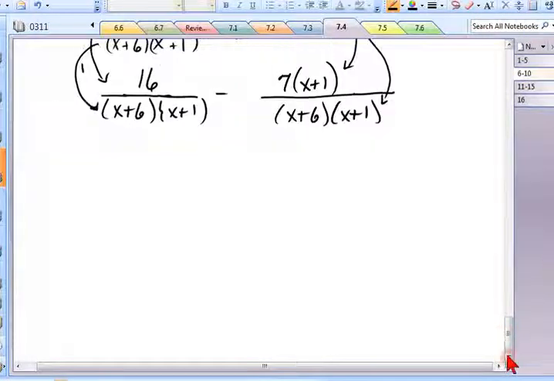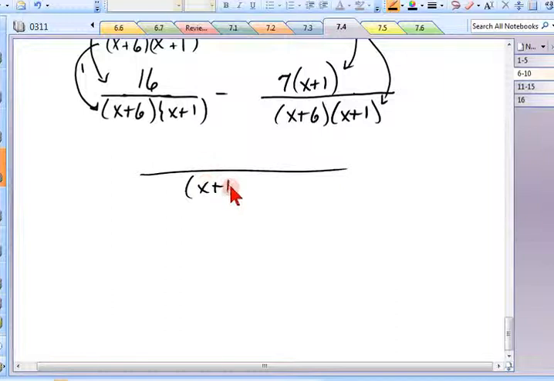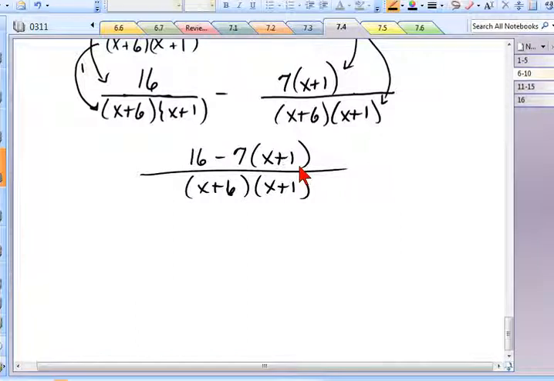All right, so that gives me x plus 6 times x plus 1, and I have 16 minus 7 parentheses x plus 1. You might be tempted to subtract, but you know that Aunt Sally doesn't want you to do that. She likes you to multiply before you do that.